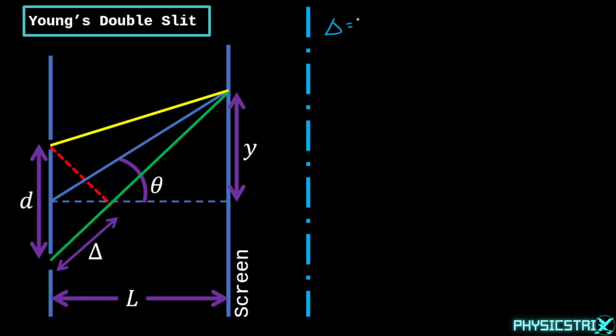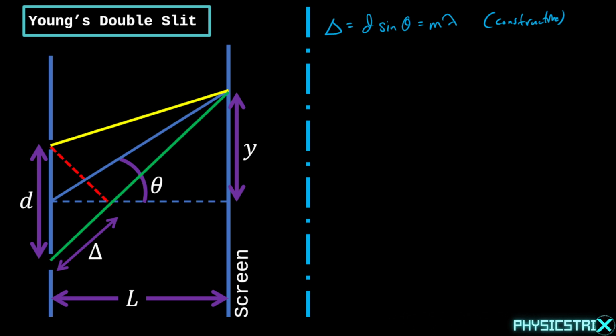Delta equals d sine theta equals m lambda. For constructive, let's just work with constructive. Again, I want to remind myself that this is for constructive. And then once we know the equation for constructive, we can just add half to the order to get destructive, right?